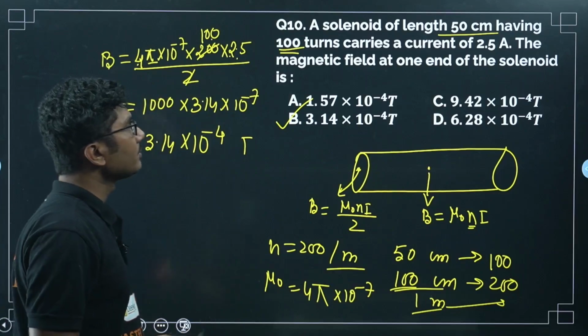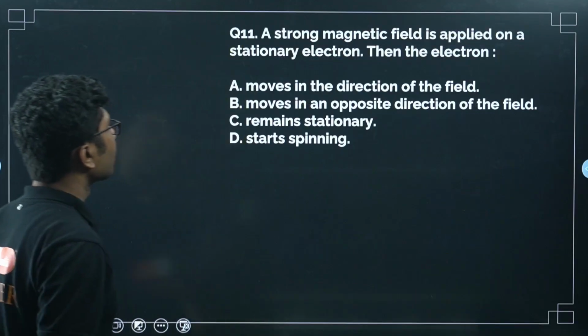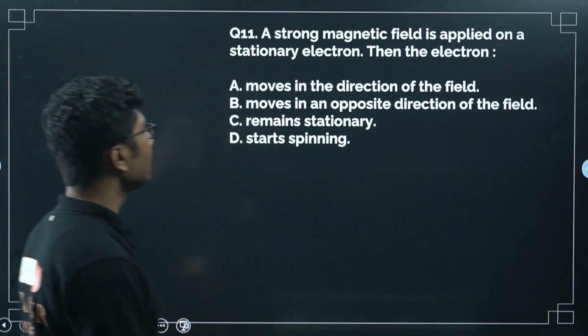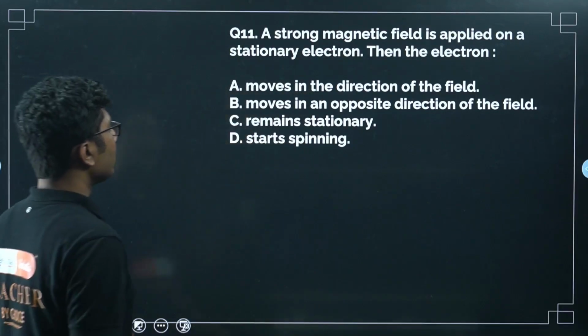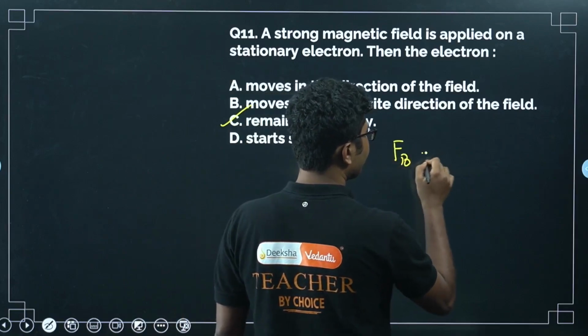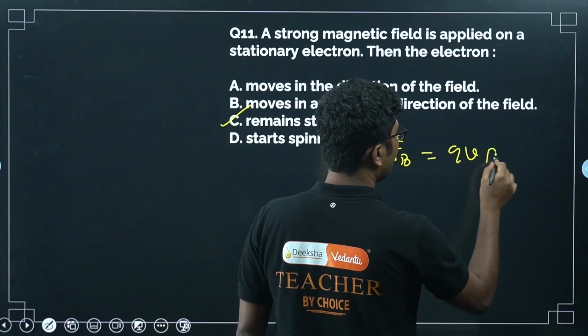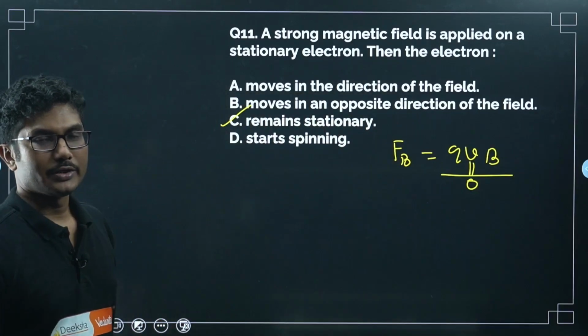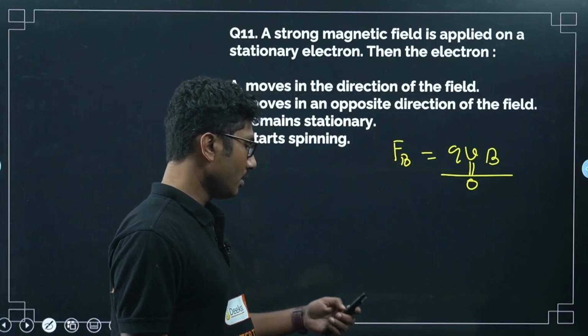You have to solve these problems very quickly. A strong magnetic field is applied on a stationary electron, then the electron will remain stationary. Magnetic force is QVB. V is 0, so the force will remain 0. If there is no force, it will not move, right? First law of motion.